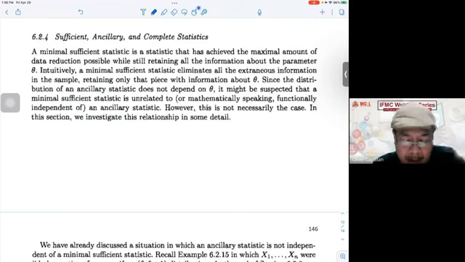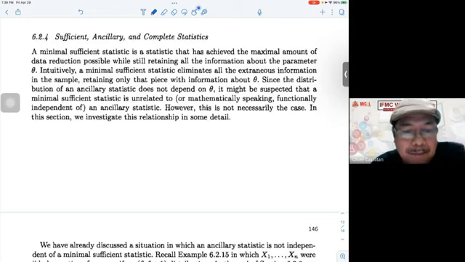So intuitively, a minimal sufficient statistic eliminates all the extraneous information in the sample that does not contain the information about the parameter theta, only retaining the piece with information about the parameter theta.